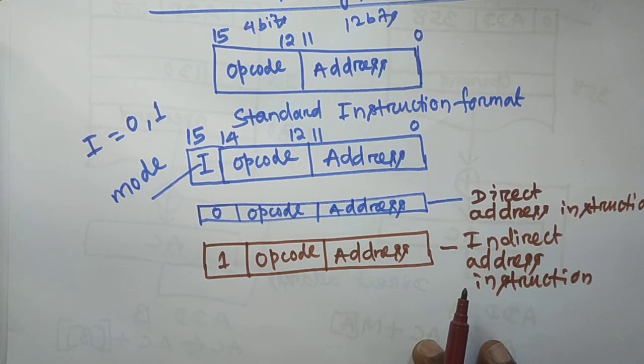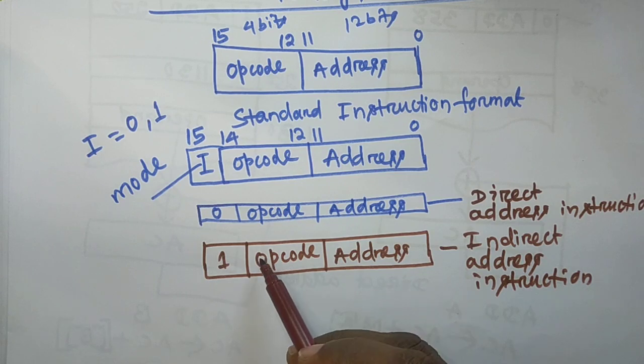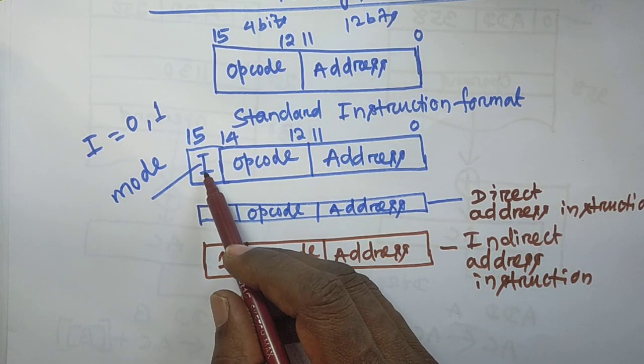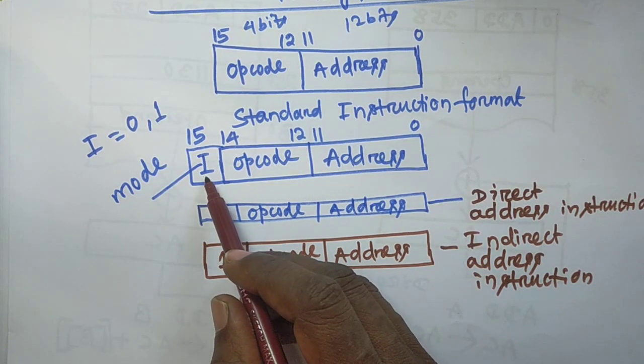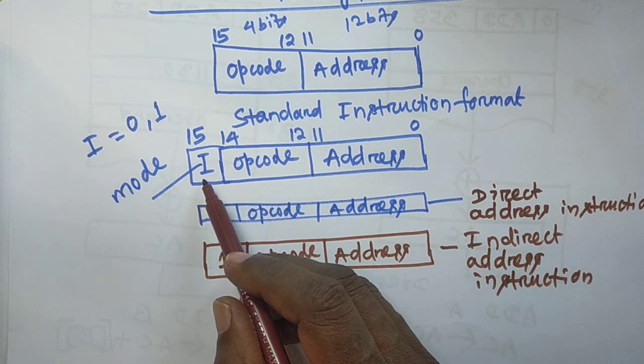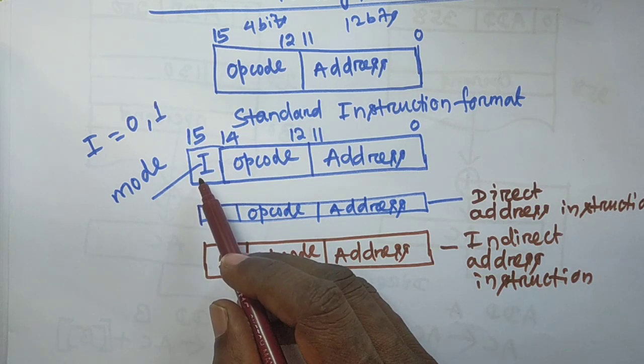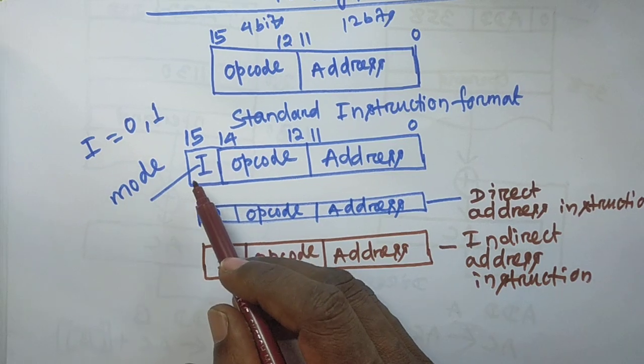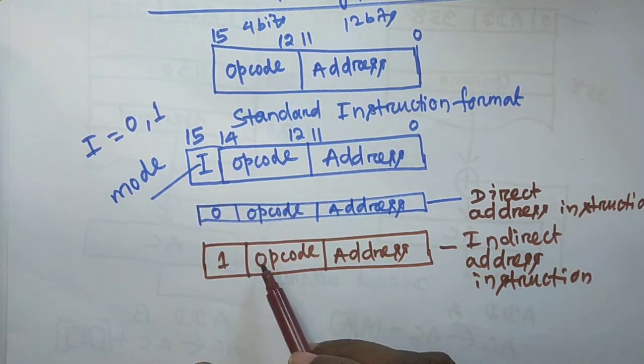Since mode is one bit, it is either 0 or 1.